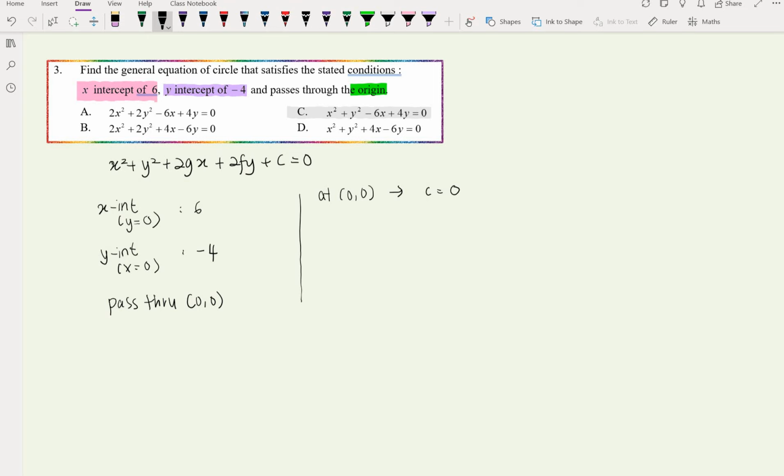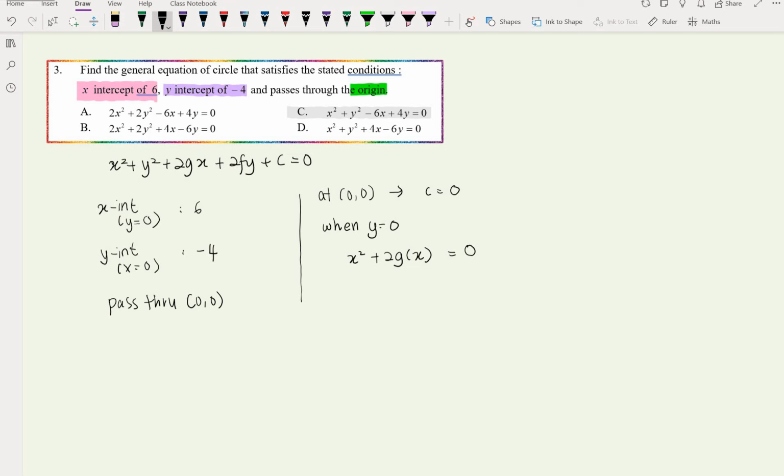Next, what we do is we are going to substitute when we know Y is equal to 0. I'm going to get what's left is X square plus 2G times X plus 2F times Y, which is also 0, is equal to 0. Okay.